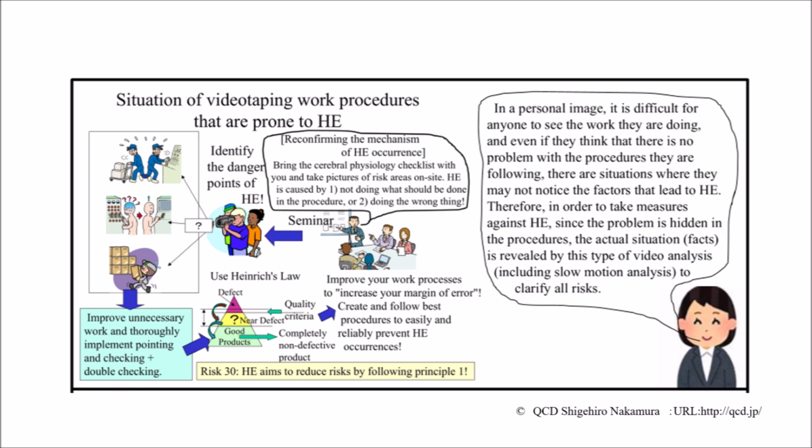If defects occur despite following standardization, it is necessary to improve the work process in order to fully comply with the manufacturing standards. This requires video analysis, but slow-motion analysis will also be added to improve the work to make it safer, more reliable, easier, and faster. At the same time, measures will be taken to ensure that pointing and double-checking, which will be introduced later, can be performed.